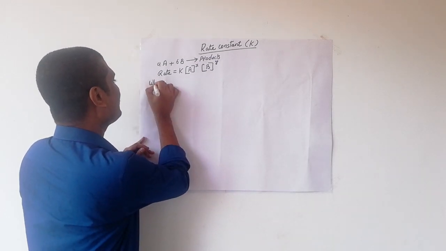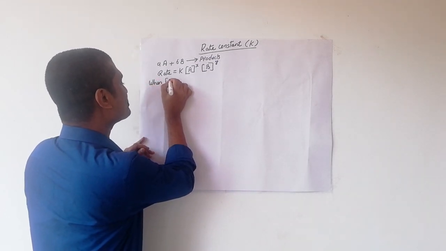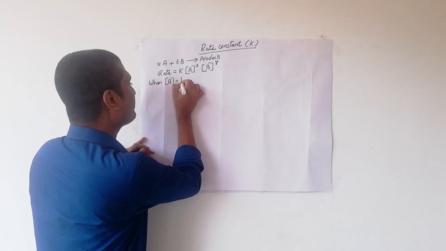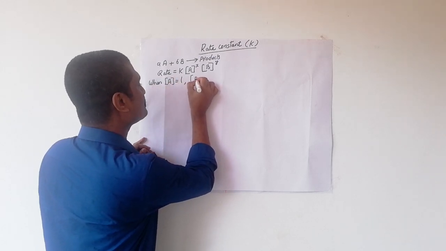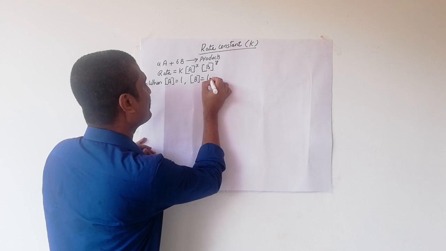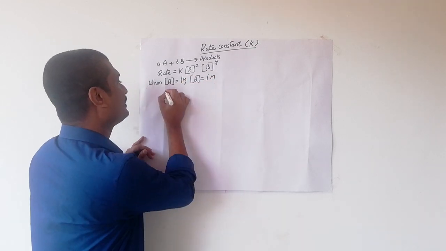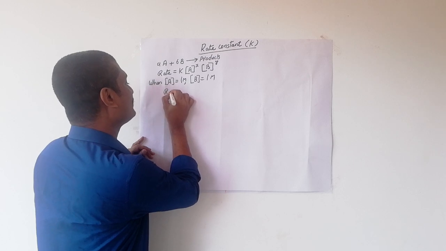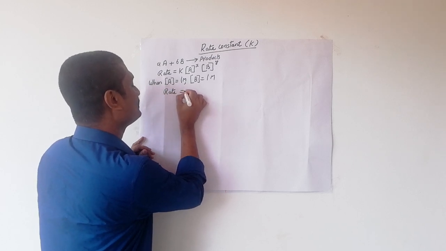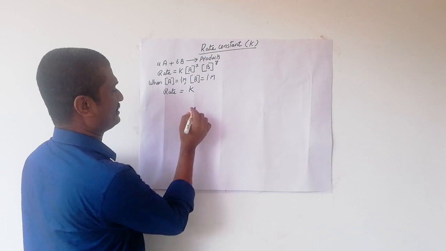When the molar concentration of A equals 1 molar and the molar concentration of B equals 1 molar, then the observed value of rate is equal to the rate constant.